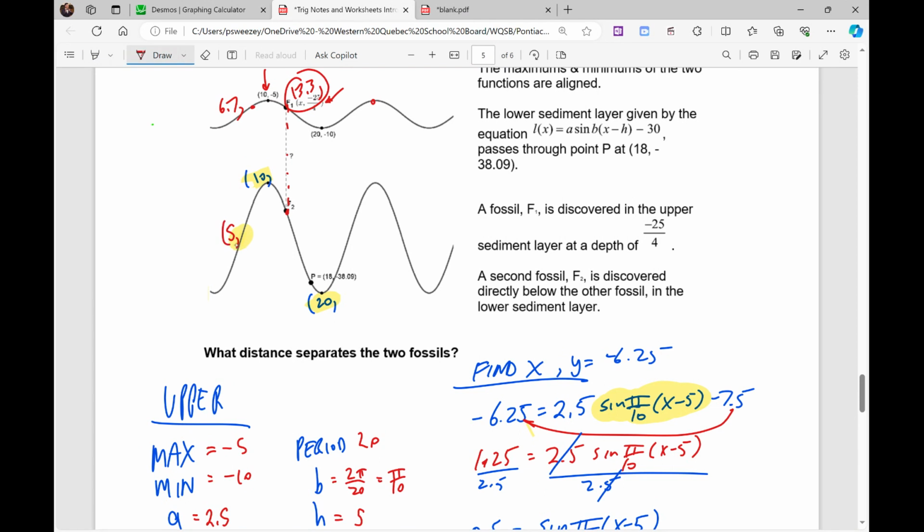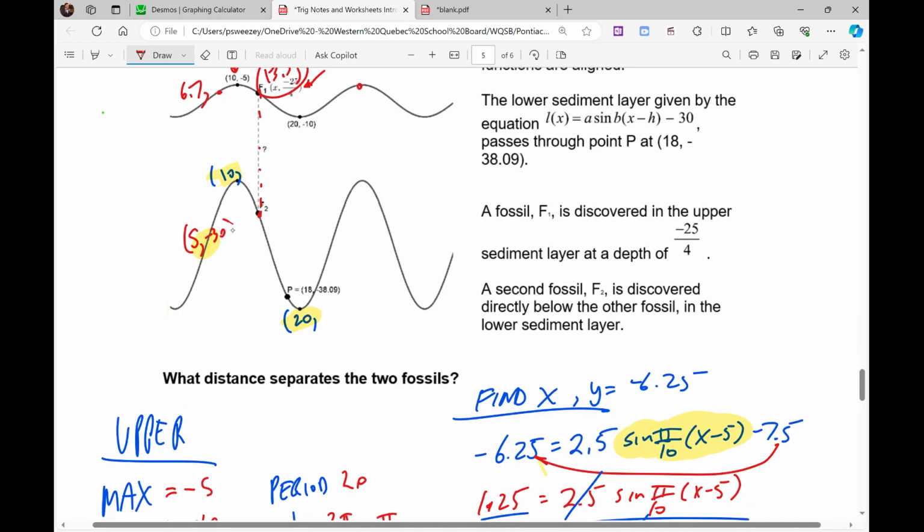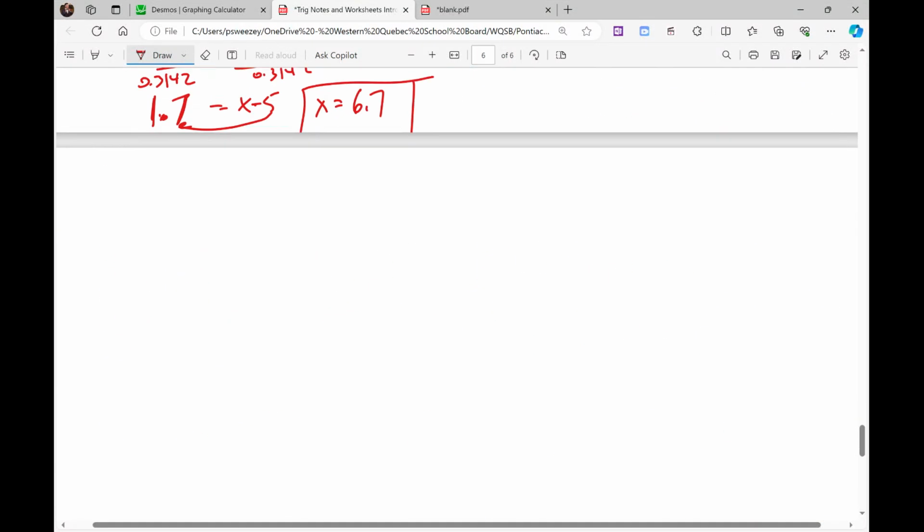So 5 and negative 30 would be that right there, because I stole the negative 30 from this right here, knowing what my k value is. And then there's this weird point. So it's showing right here, that weird point. This is the situation I started to talk about at the beginning of this, in that this is a unique scenario. So let's go down and write down for the lower sinusoidal function.